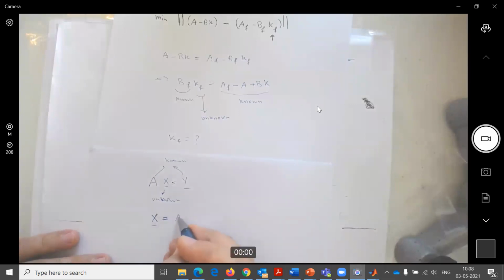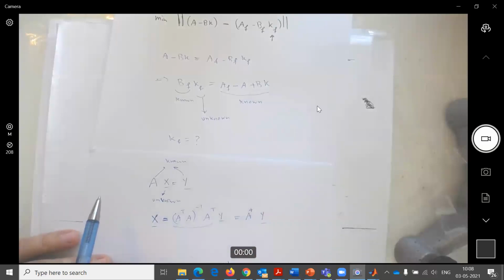X is A transpose A inverse A transpose Y. We call this the pseudo inverse of A. Notation-wise, we can write A plus Y.